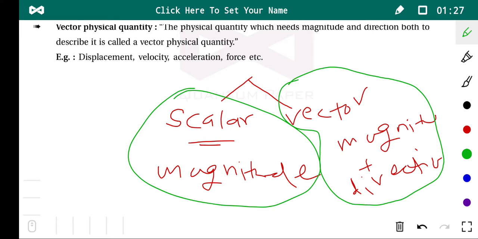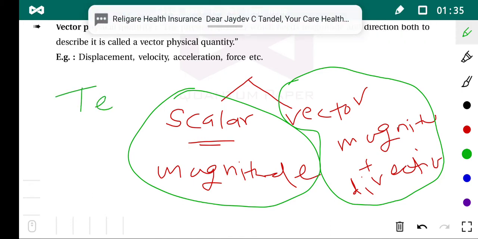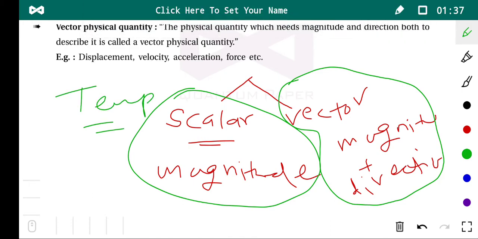Suppose we take a physical quantity like temperature. Our body temperature is about 37 degrees Celsius. So our body temperature is 37 degrees Celsius, and we do not need any direction for that.